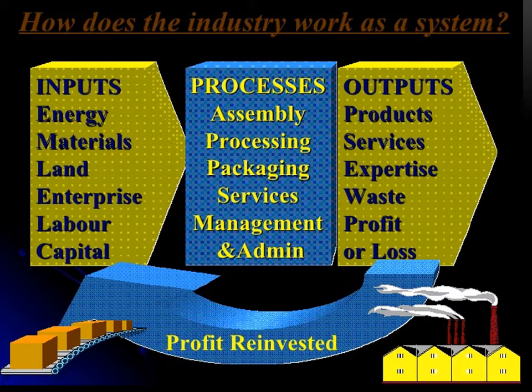On page number 155 in the second paragraph, some of the components of the inputs are given. The first one is the capital. Capital is the finance to establish and manage the factories. So we must need some money or financial asset to start a business. So that is capital. The second one is the enterprise.